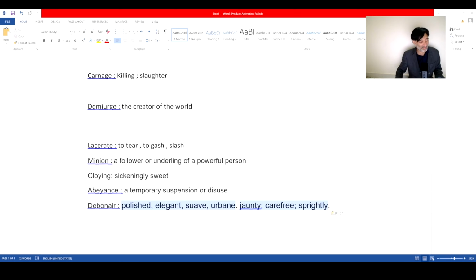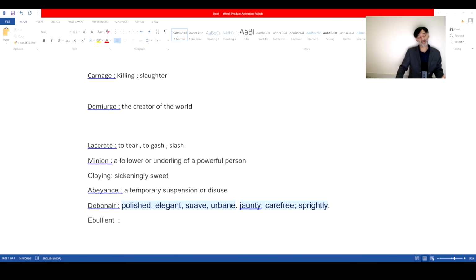Okay, so let's move on to another word. Ebullient. Ebullient is something overflowing, plenteous, lavish, happy. These are the synonyms that I can think of for the word ebullient.